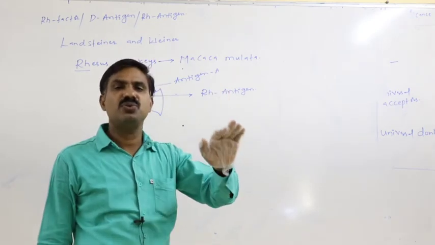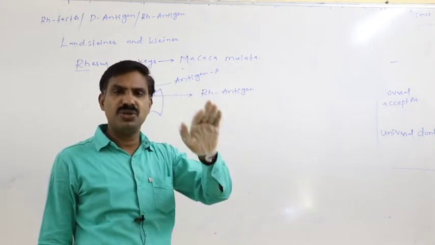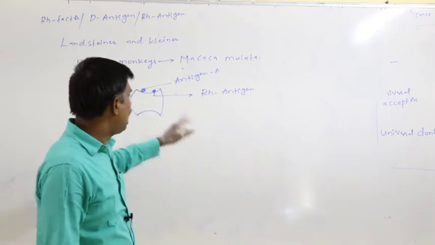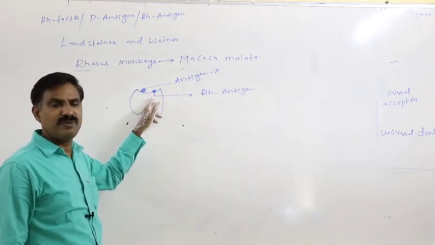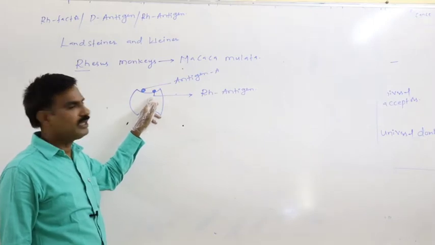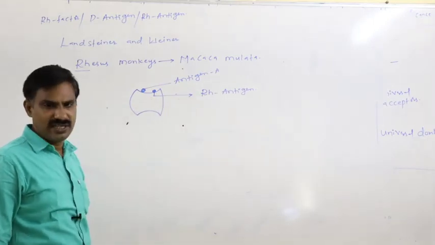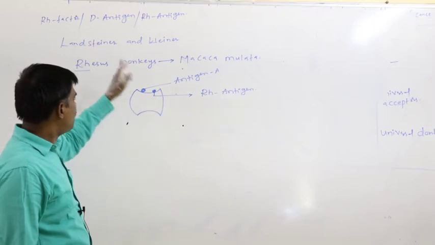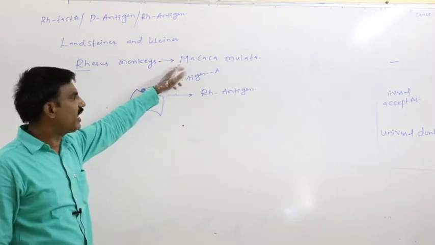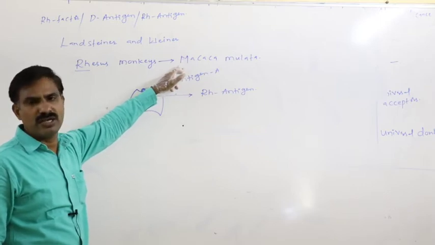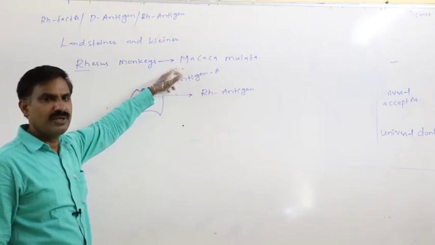In addition to them, the other antigen which is present on the surface membrane of RBC is said to be the Rh antigen. This was at first discovered in the rhesus monkeys, whose scientific name is Macaca mulatta.